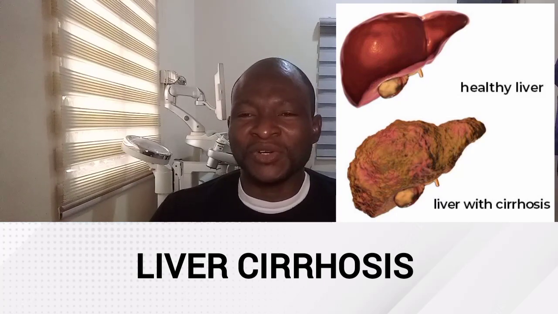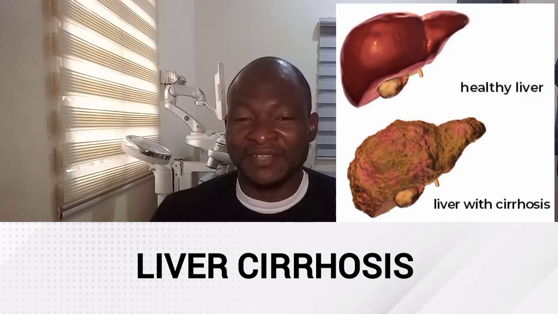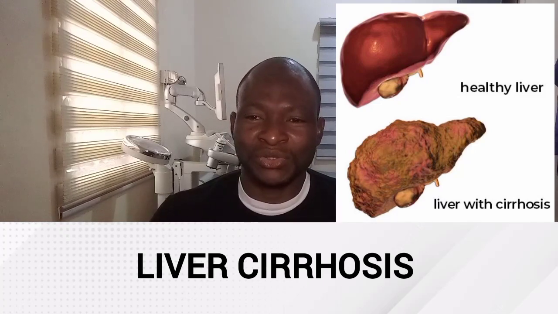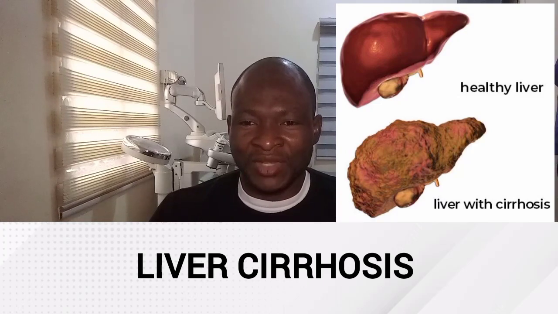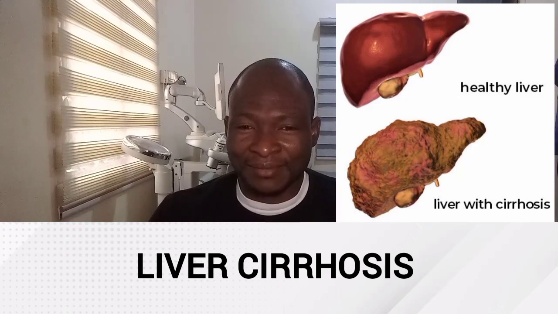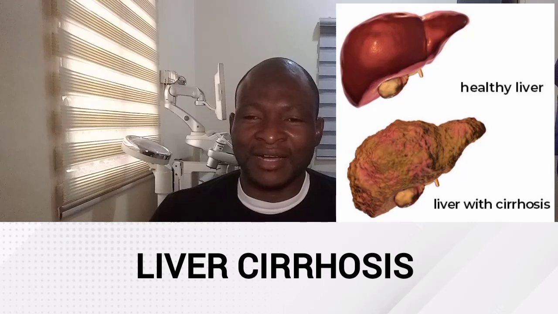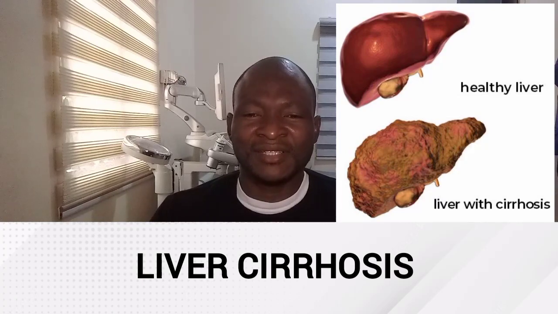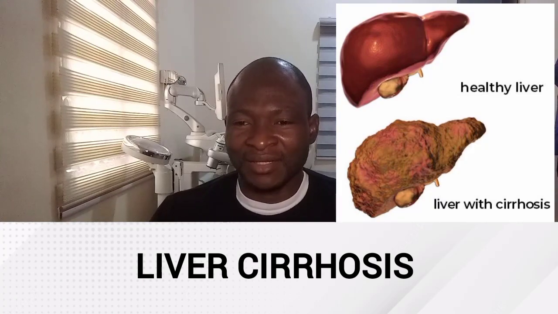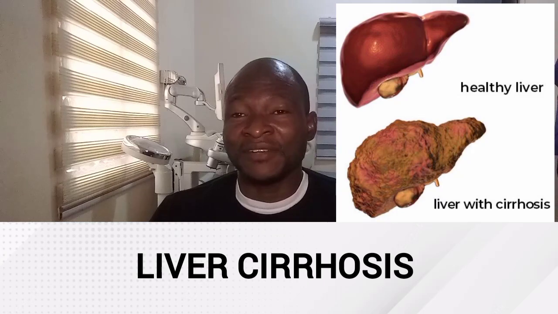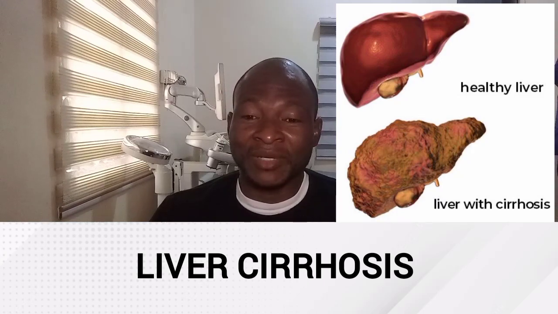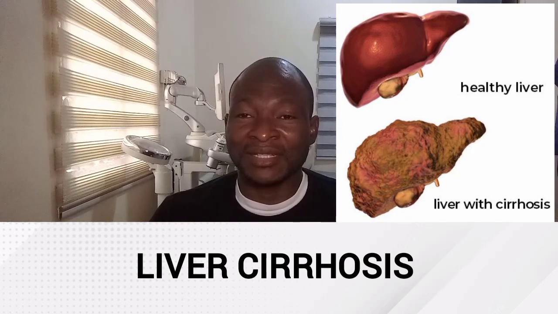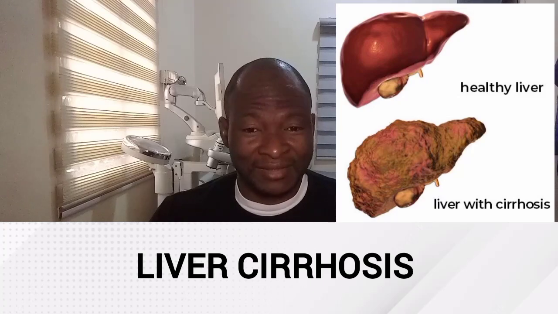It is the consequence of prolonged and severe insult to the liver cells that will result in hepatocellular death. The normal liver architecture is replaced by fibrosis and nodular regeneration. This disease is irreversible and can lead to liver failure, portal hypertension, hepatocellular carcinoma, and eventual death.